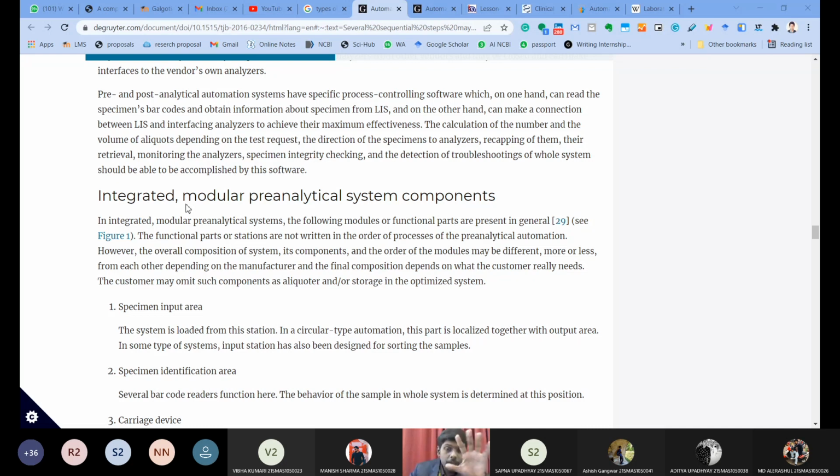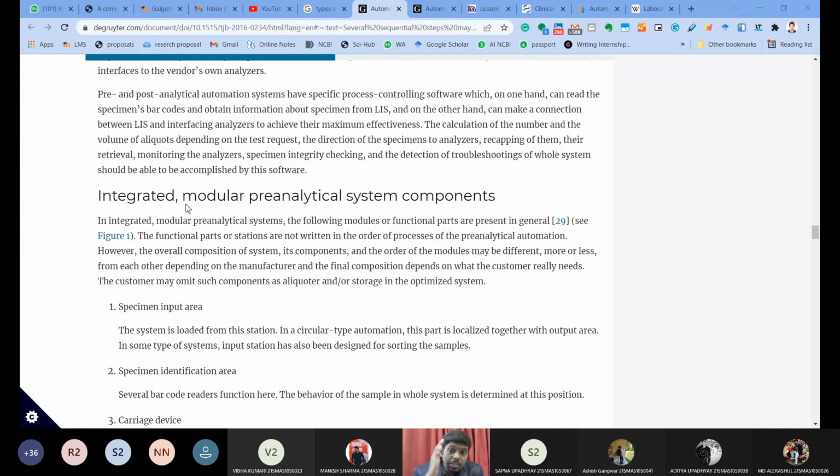Similarly, we have certain instruments where the reagent must be purchased from only that company. For example, if we are taking an Erba Chem analyzer, we should only use Erba chemicals. If we are using another company's chemicals, the machine won't accept. That is not good actually. It's a business strategy to keep their customers.